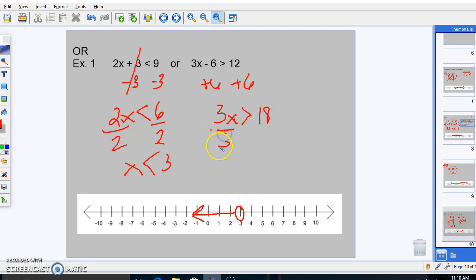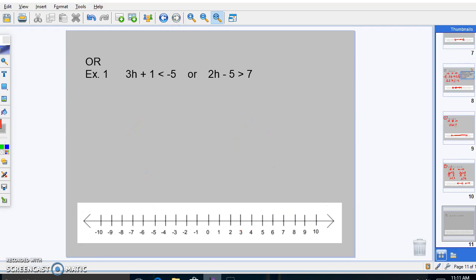Divide both sides by 3. And x is greater than 6. So open circle at 6, arrow covering numbers that are bigger. All OR statements, the arrows are going to point in opposite directions.